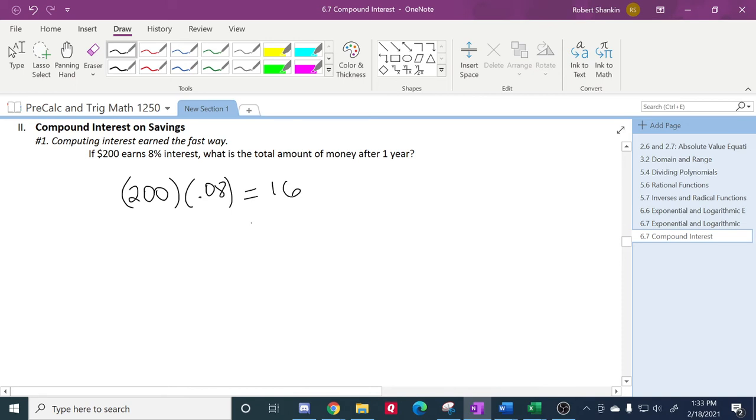Then they add the 200 and get $216. It's usually a two-step process: one to earn the interest and then the other to add it in.